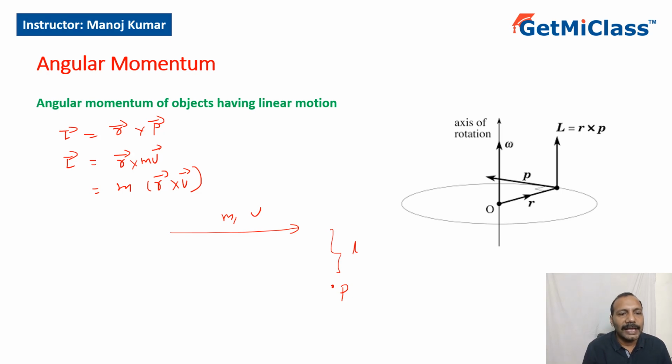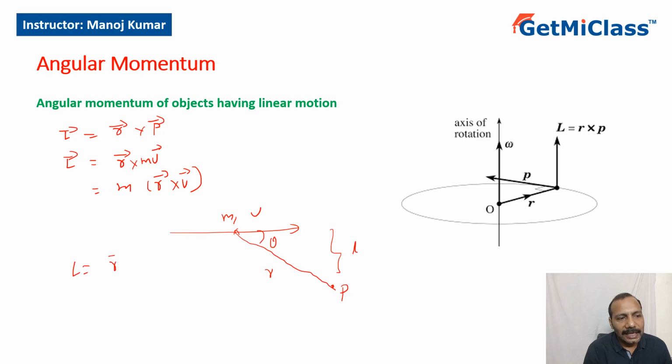Now I want to find angular momentum of this body with respect to this point. So let's say at any given time, the object is here. I connect both of them. I'll say this is r. Now if this is theta, then what is the perpendicular length? l.